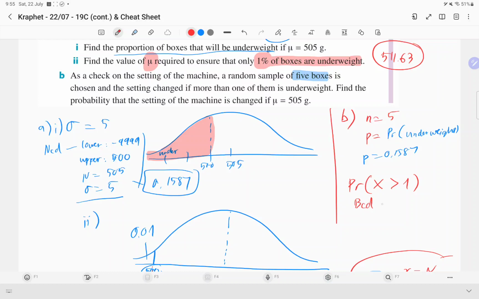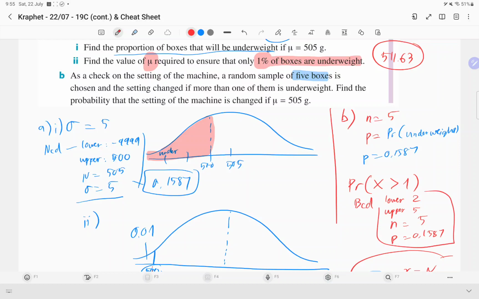What are the parameters? Lower is 1, upper is 5. That's wrong. More than 1, so lower is 2. Yes, be careful. Mean is 505, P is 0.1587, and the number is 5. If you punch that in, you get the probability, which is around 0.1809.